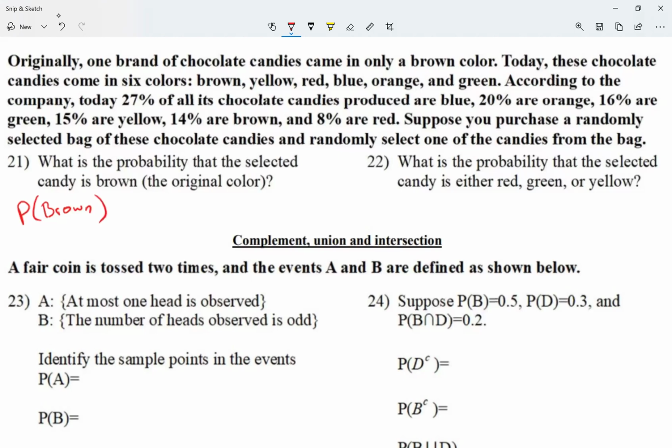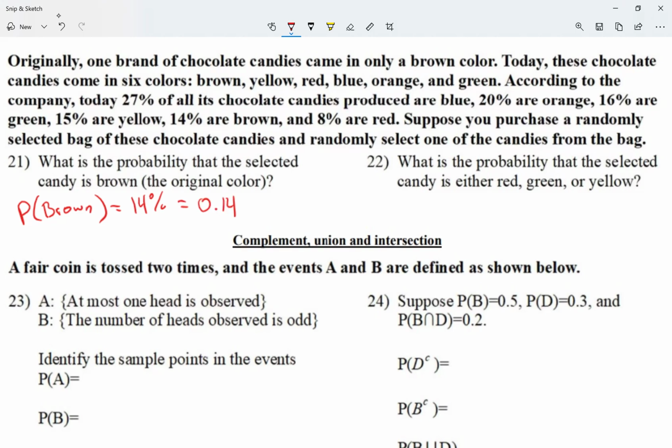Okay, so according to the instructions, brown is 14%. And if in your homework you type in 14, it's going to say this is wrong. Remember, I said probability is percentage written as a decimal. So 14% is going to be 0.14.